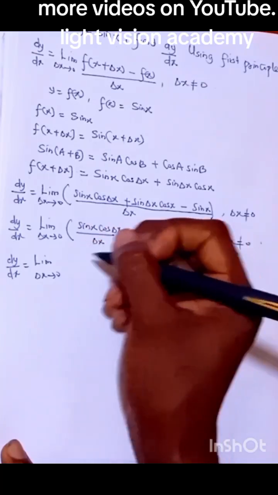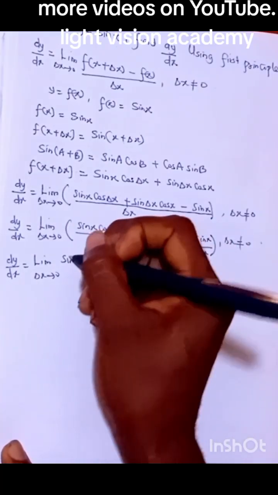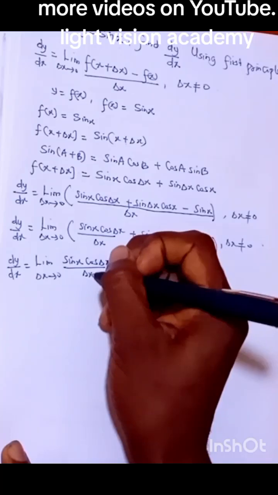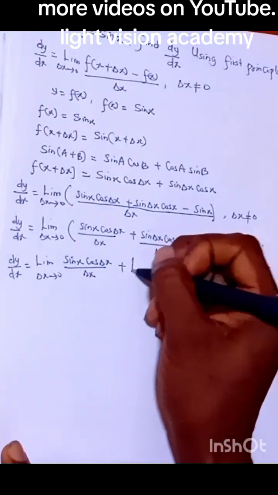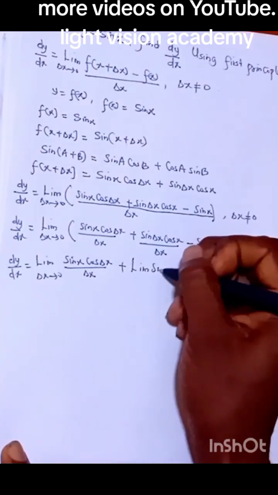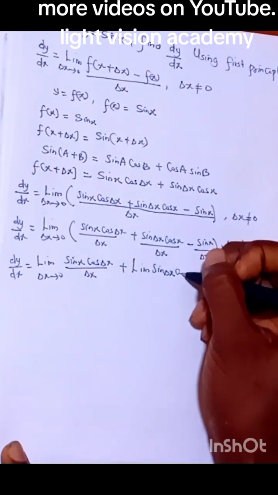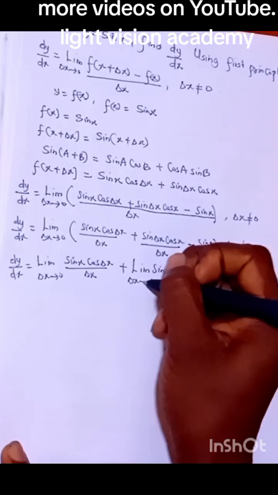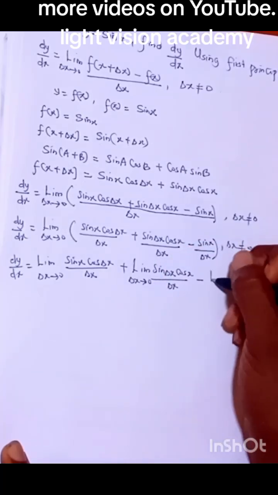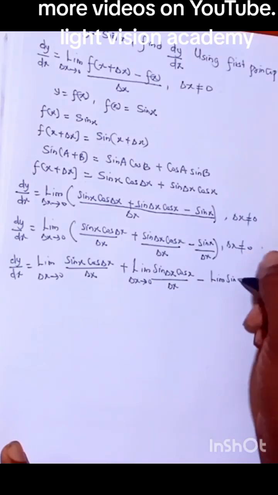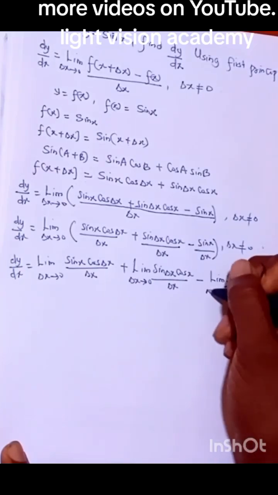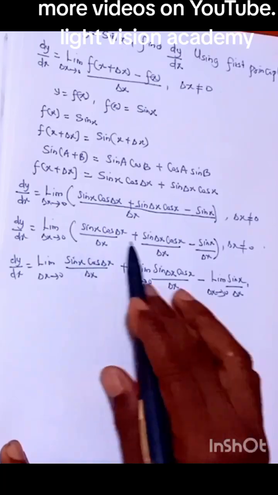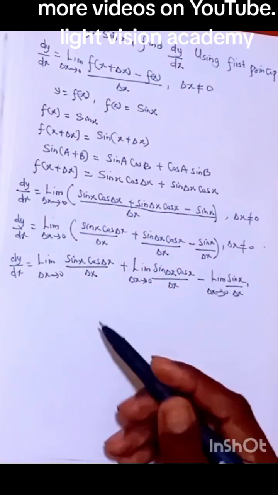This becomes the limit as Δx tends to 0 of the first term, which is sin x cos Δx over Δx, plus the limit of sin Δx cos x over Δx as Δx tends to 0, minus the limit of sin x over Δx as Δx tends to 0. Notice that this has multiplied each of the terms. Now we simplify this.